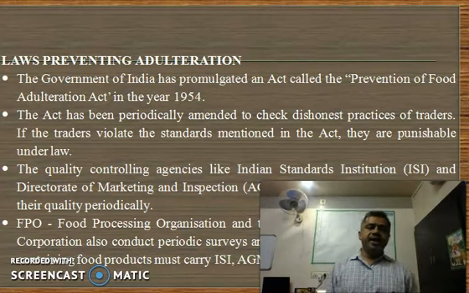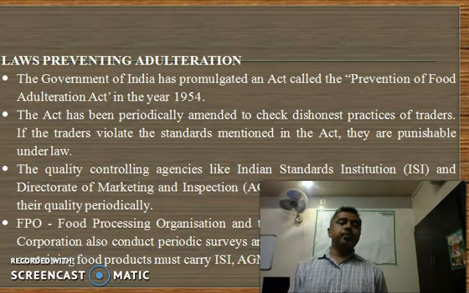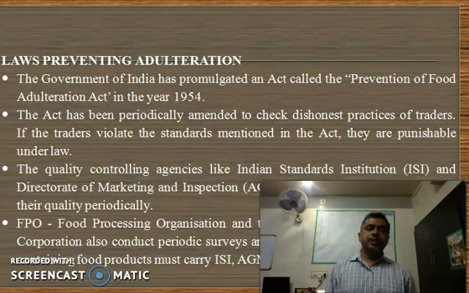So, law preventing adulteration: the Government of India promulgated an act called the Prevention of Food Adulteration Act in 1954. Now it is upgraded into the FSSAI Act.